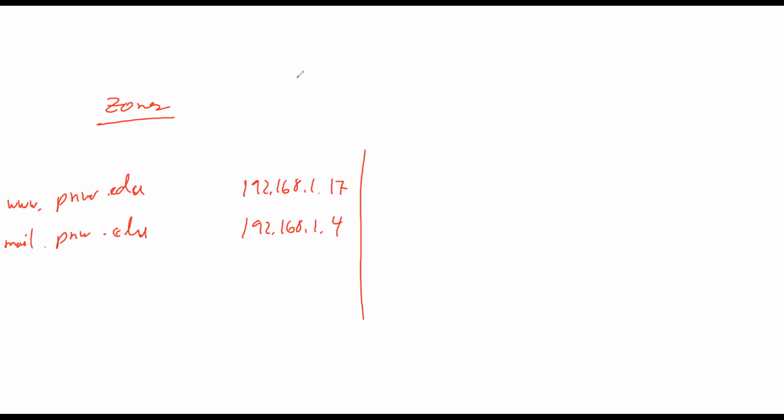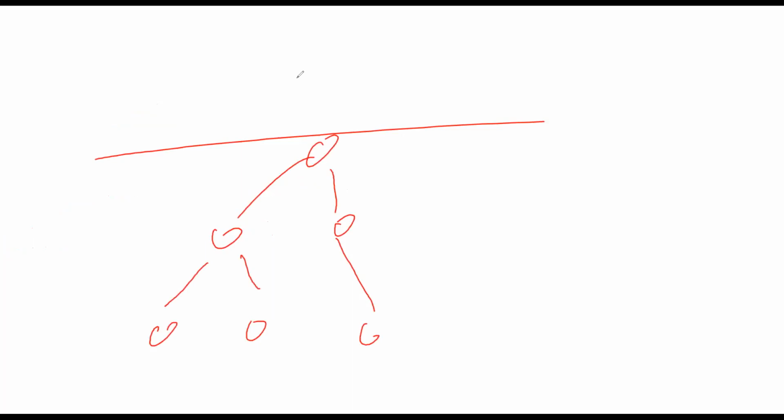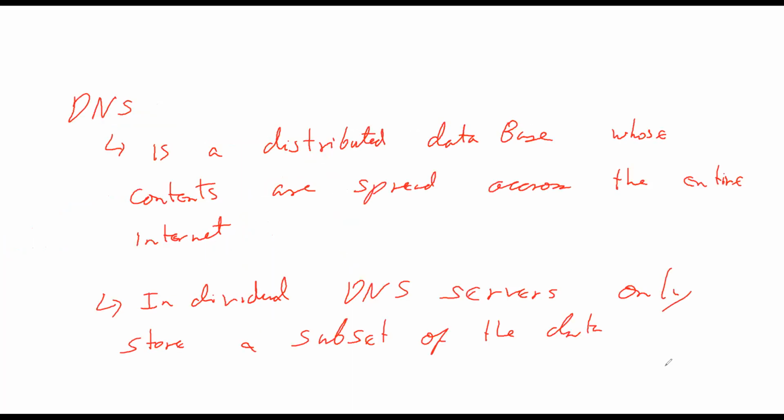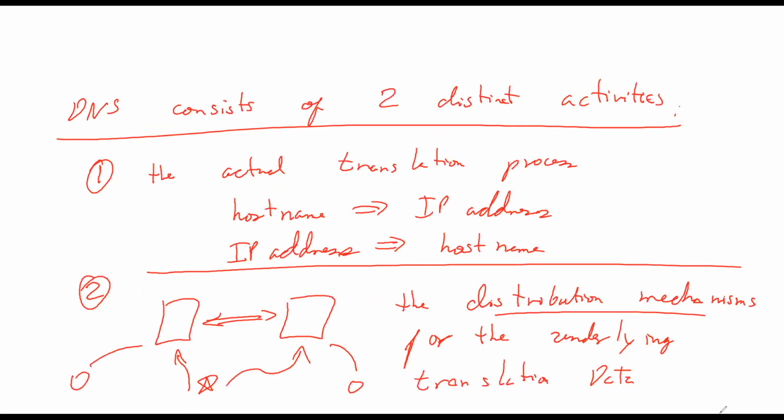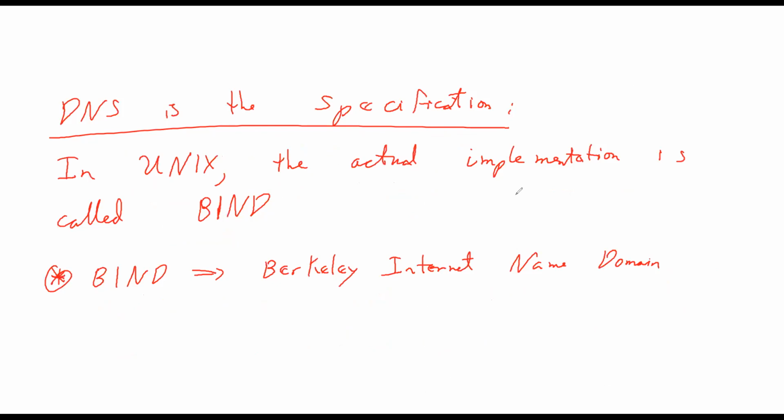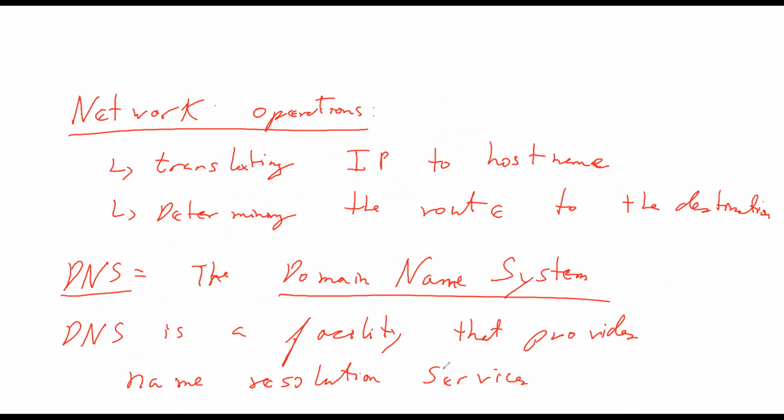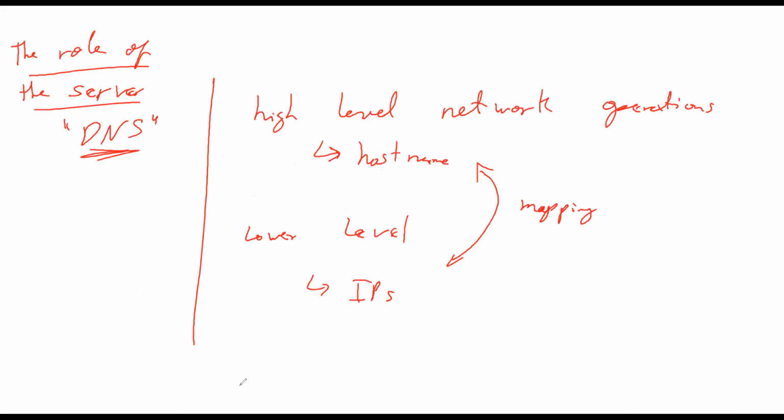We defined DNS broadly as a distributed database whose contents are spread across the entire internet, and it's not an implementation. It's a facility to provide name resolution. It's a framework, right?